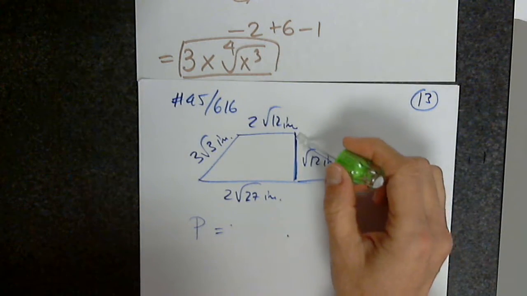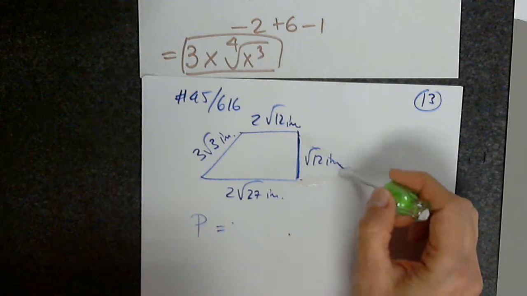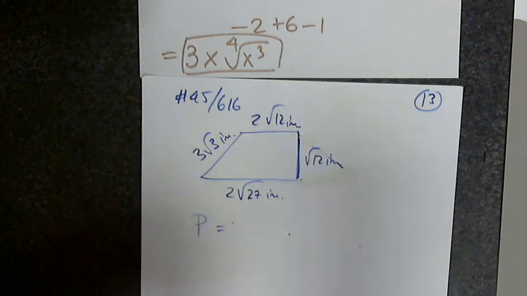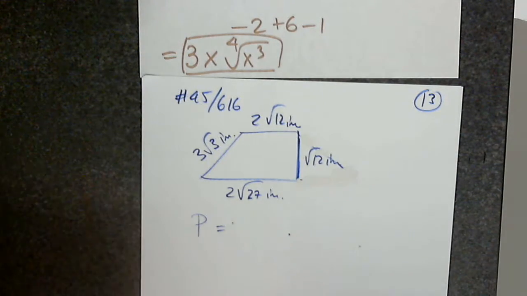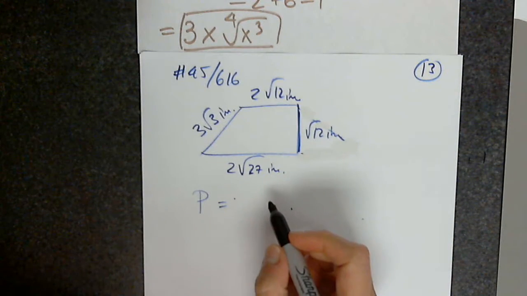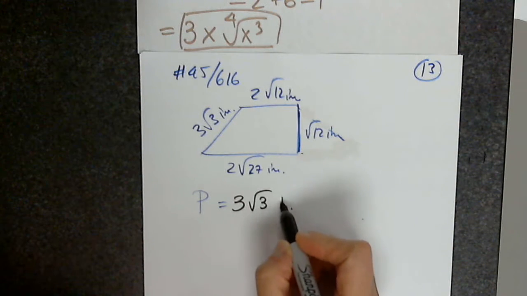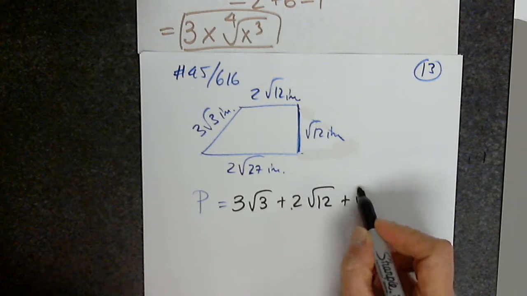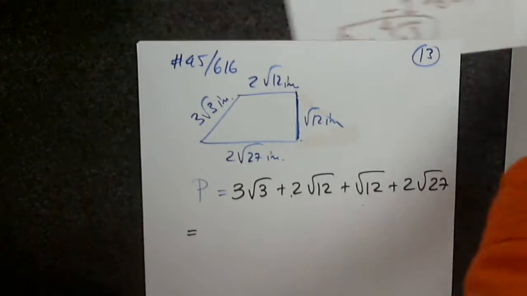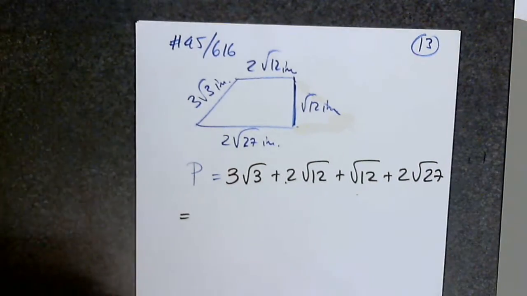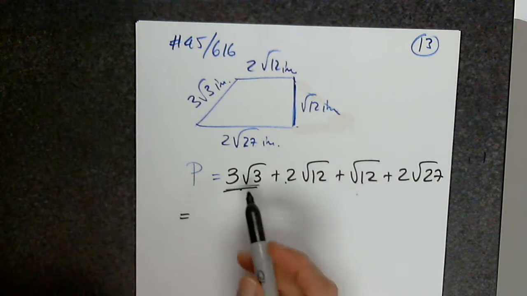How do I find the perimeter of this figure? Add them. Okay, very good. This is fully simplified. There is nothing I can do to it.